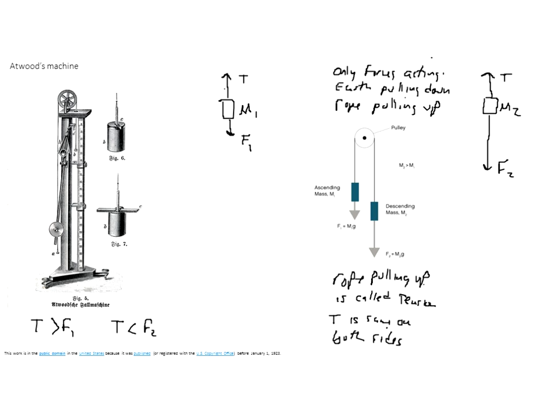So if we look at the net force, we're going to have T minus M1G, so that's just from this here, equals M1A1, and T minus M2G equals M2A2.